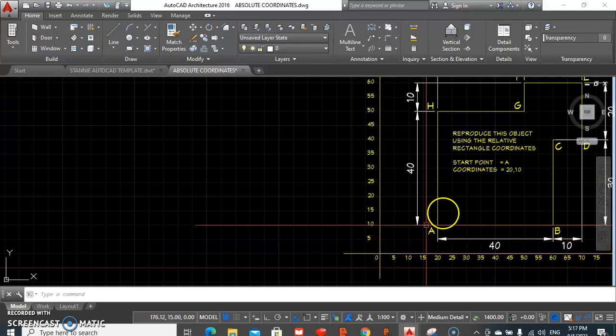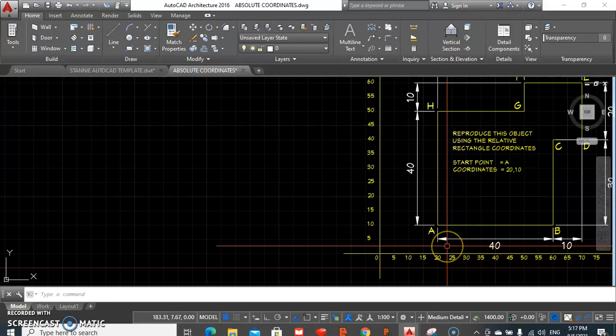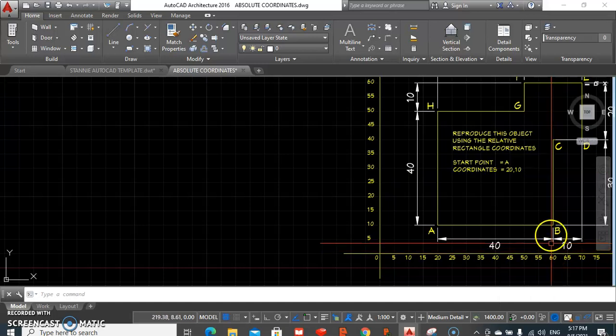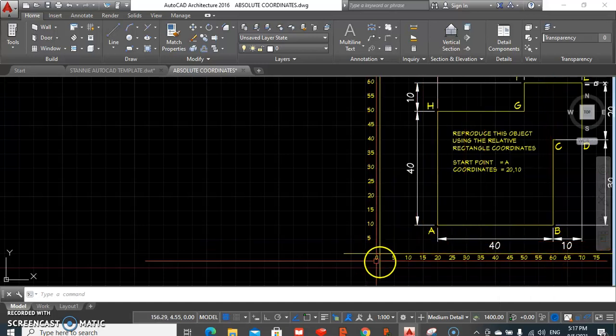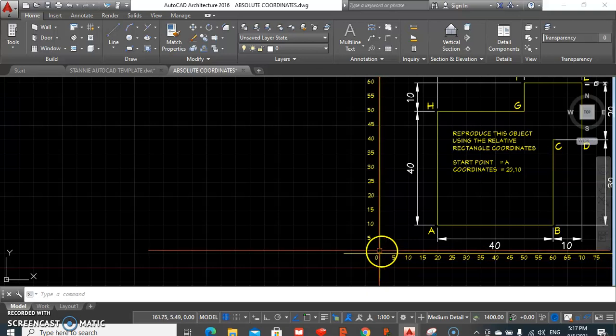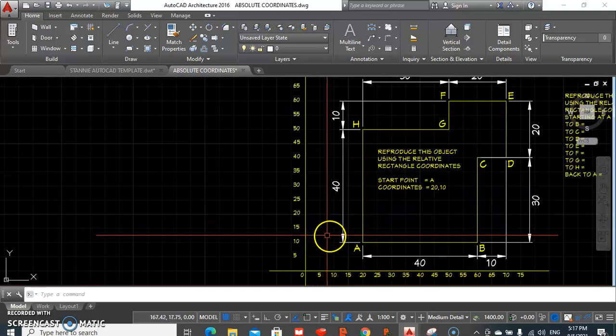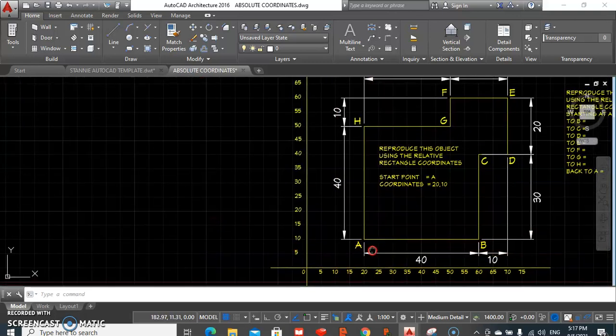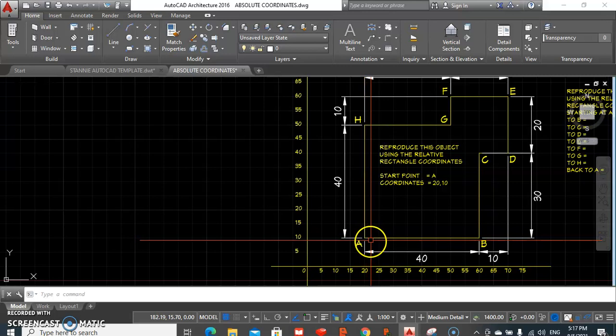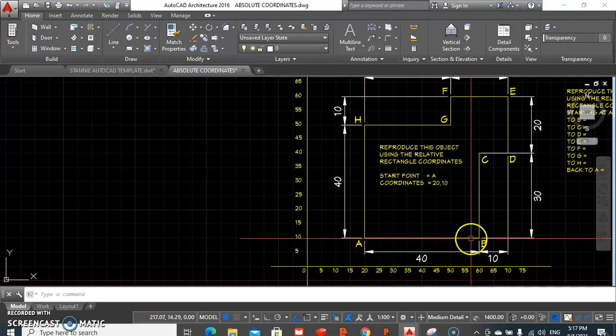So for example, point A would have been 20, 10. Point B would have been 60, 10. Notice that these are in relation starting from 0, our origin. In our relative rectangle, however, the points are identified in relation to our last point.